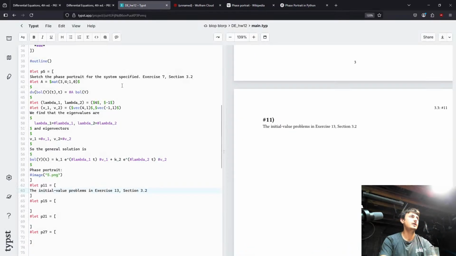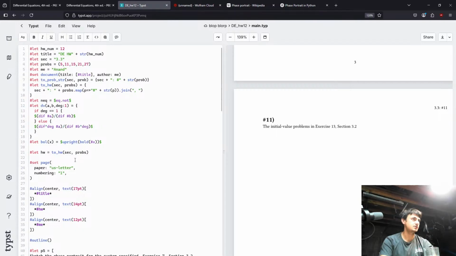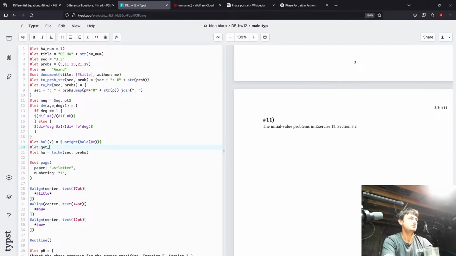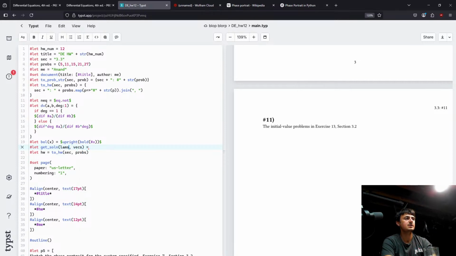we can actually just write it in here. So these are going to be lambs, vex, and then this is going to be equal to... Actually, is this the case that it's going to be a sum?